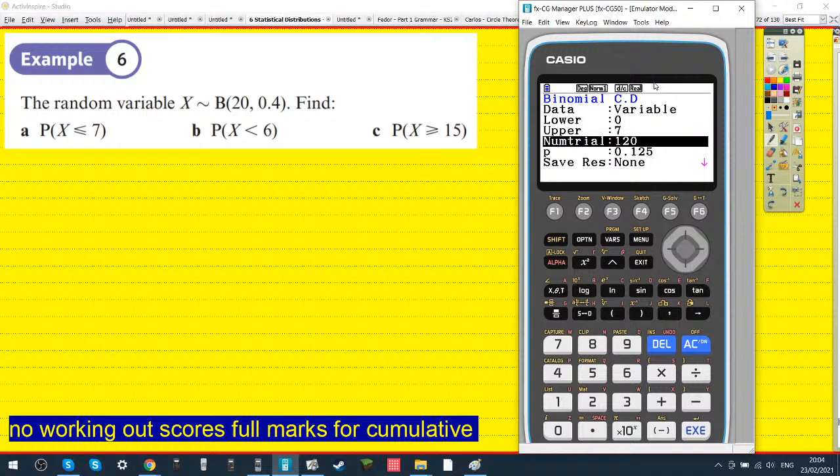And then when it says numeral, does that mean 20? Yep, number of trials, 20 trials. And then P is 0.4.